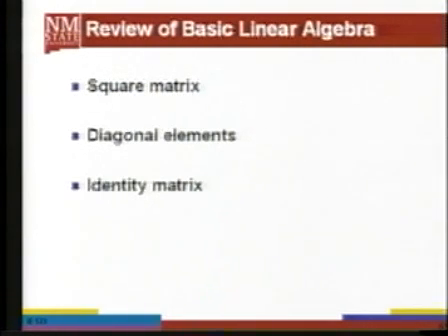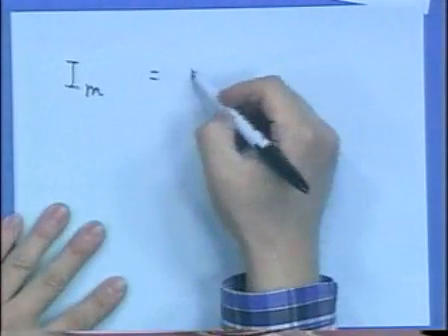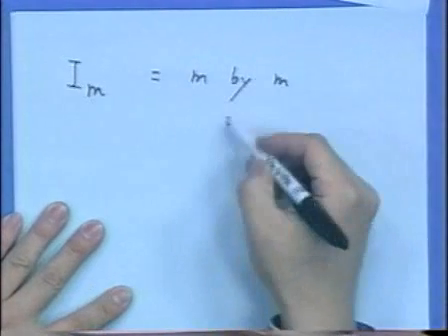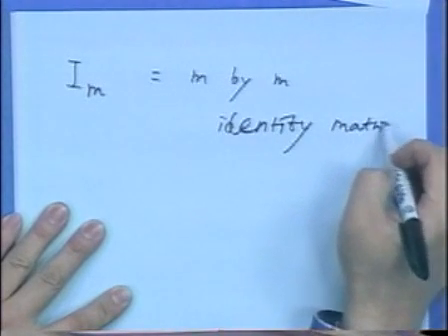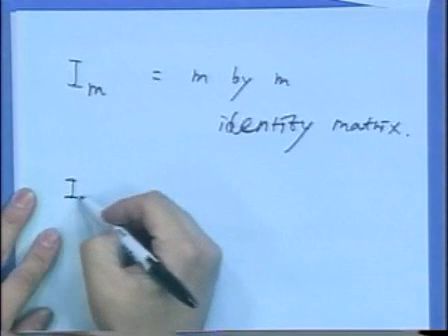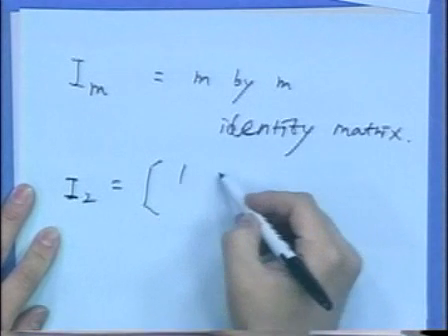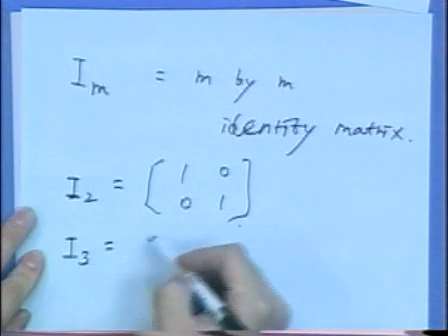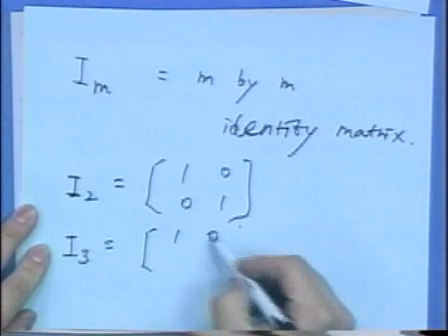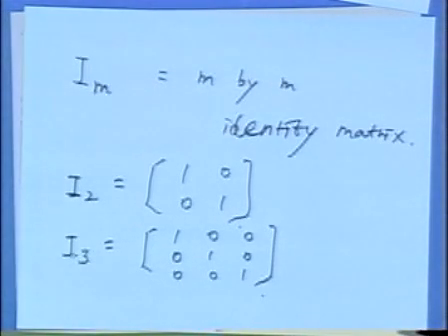And usually, I sub m represents the m by m identity matrix, right? So for example, I sub 2 is going to be (1, 0; 0, 1), and I sub 3 would be (1, 0, 0; 0, 1, 0; 0, 0, 1). Okay? It's pretty easy.